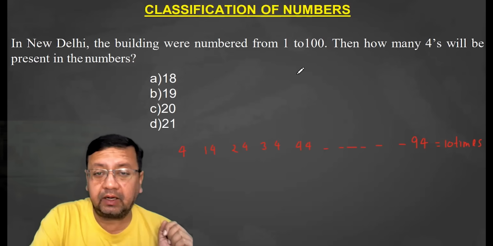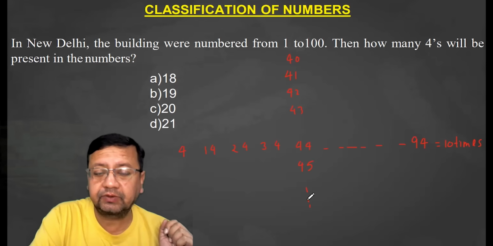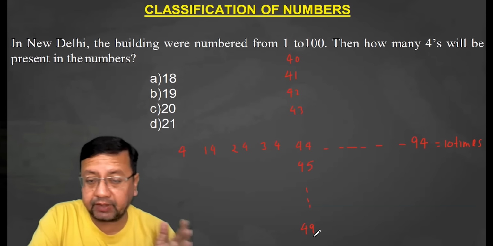Now, you have another series: 40, 41, 42, 43, 44, 45, and so on till 49, right? So now you're writing 10 times at what?